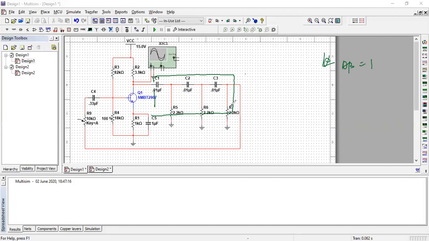This 3 stage network gives the gain factor, that is beta, of 1 by 29. Output divided by input, if you find it with the help of nodal analysis or loop analysis method, we can find V0 by Vi, which should be 1 by 29. So this is the gain factor of the feedback network.